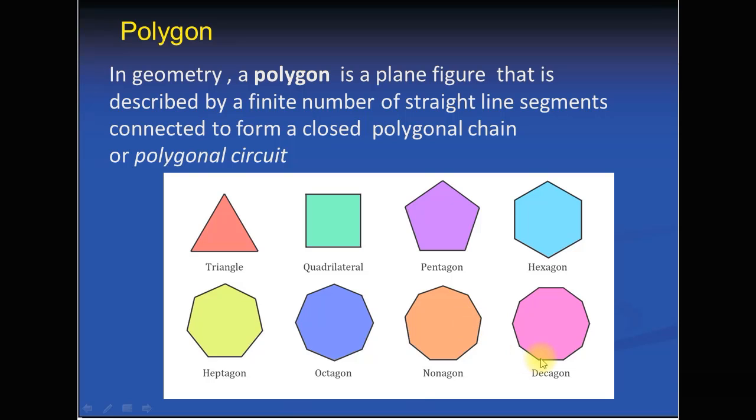And this is decagon. Decagon is a type of polygon in which 10 sides are connected to form a closed polygonal chain. Side 1, 2, 3, 4, 5, 6, 7, 8, 9 and 10. So in this decagon there are 10 sides connected to form a closed polygonal chain or polygonal circuit.